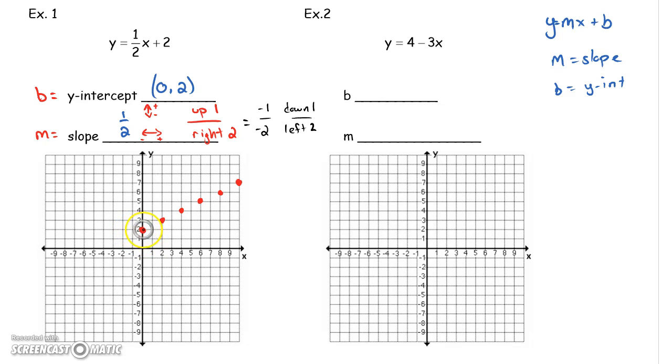So from my beginning point, my y-intercept, I could have traveled down 1, left 2. I'd still be on the same line. Down 1, left 2. So I'm just doing the opposite. I have all of my possible points that show up on the coordinate plane that I've been provided.